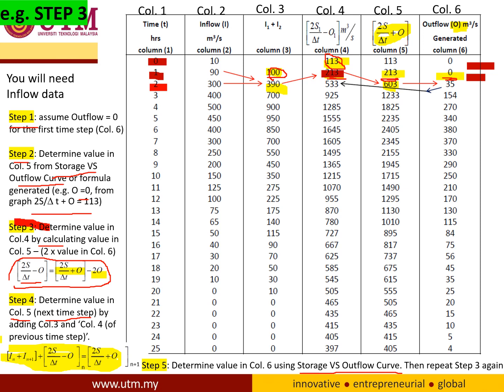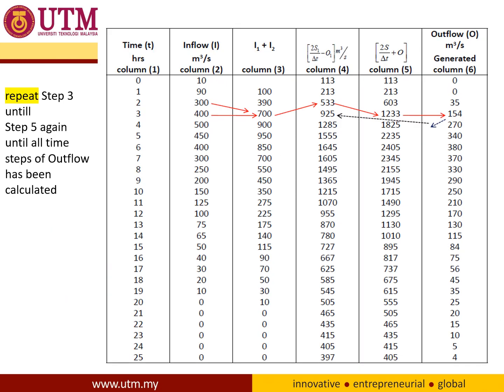So that is continuity. Then you do these steps until you get the whole values for your outflow. So to finish it, just repeat step 3 until step 5, until you calculate everything.